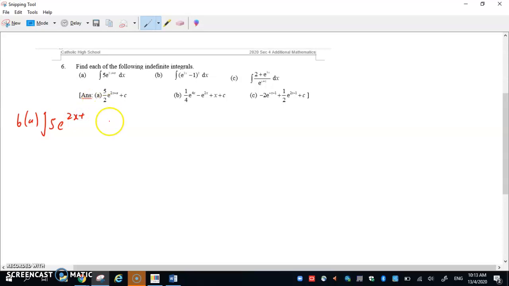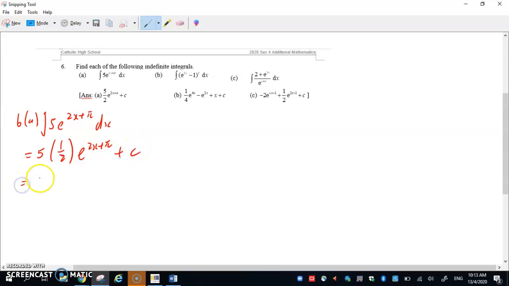5e^(2x+π) dx. So for an exponential function, because of the chain rule, you need to multiply by 2 for this case. As a result, what you need to do is simply divide by 2 for the answer, and what you get is e to the power 2x+π plus c.